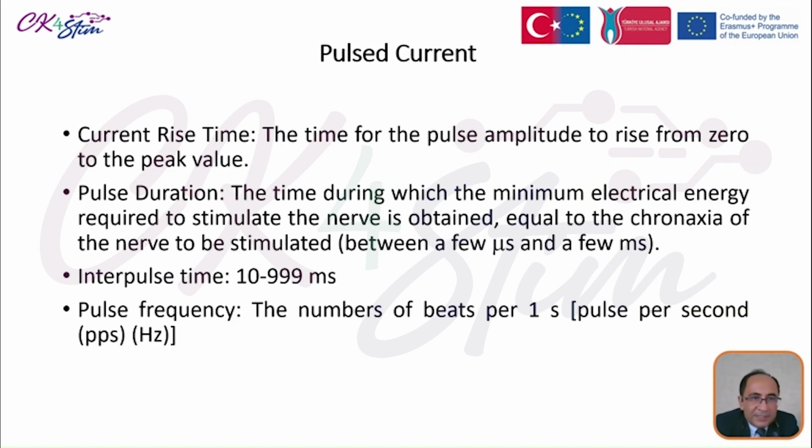The time for the pulse amplitude to rise from 0 to the peak value is the current rise time. Pulse duration is the time during which the minimum electrical energy required to stimulate the nerve is obtained, which is also equal to the chronaxie of the nerve to be stimulated.